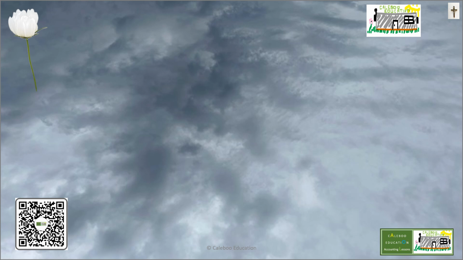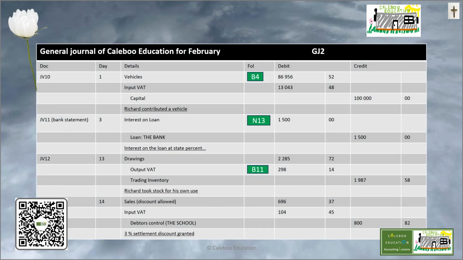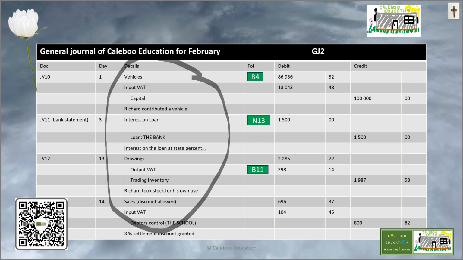I'm now going to show you a general journal. There we go. A general journal is a journal that records transactions that don't fit into any of the other journals. This journal sometimes causes a few problems, but this is what a general journal looks like.